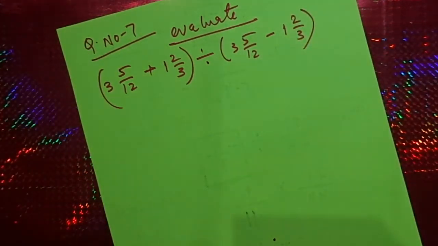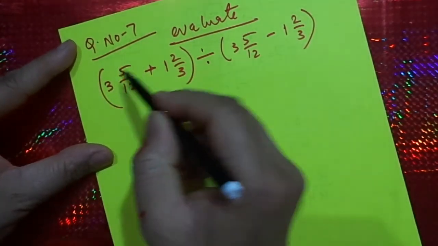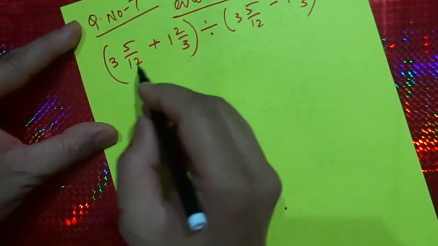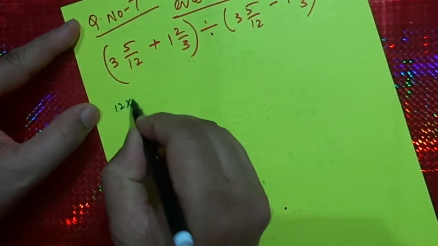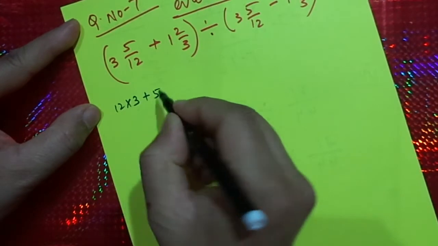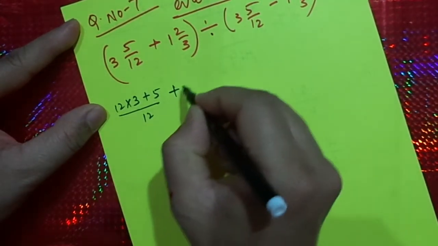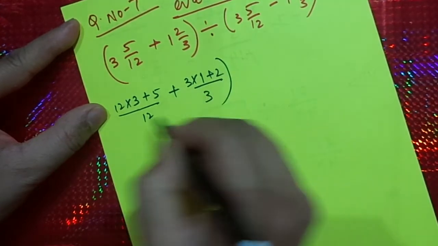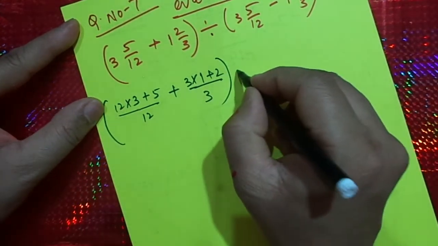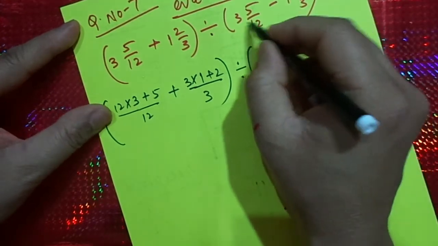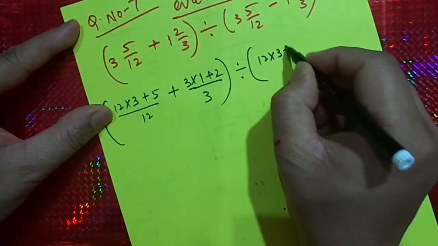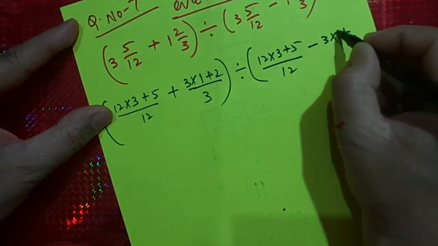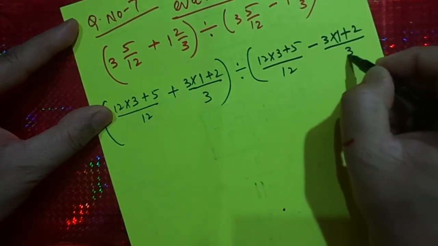So can you convert these mixed fractions into improper fractions, like 12 times 3 plus 5 by 12 plus 3 times 1 plus 2 by 3? That's so easy. Divided by 12 times 3 plus 5 by 12 minus 3 times 1 plus 2 by 3.